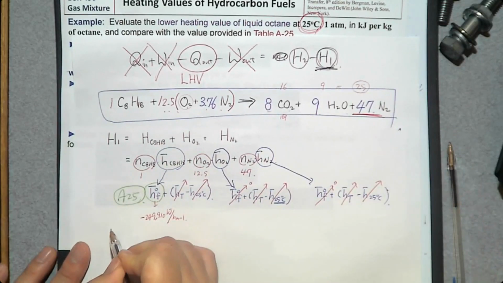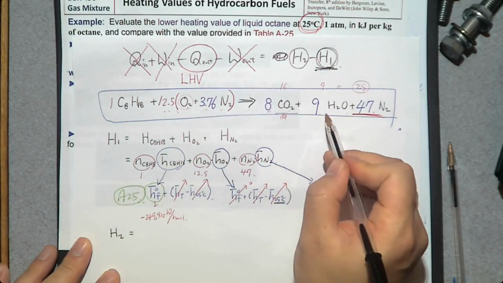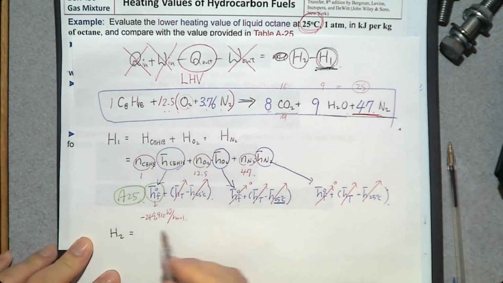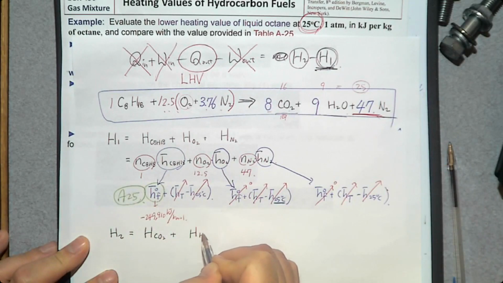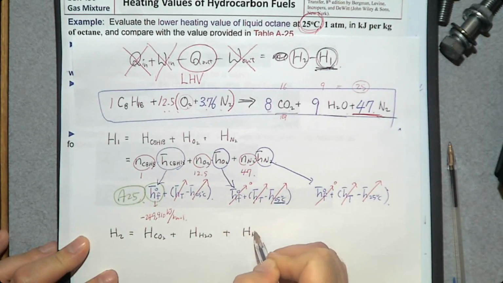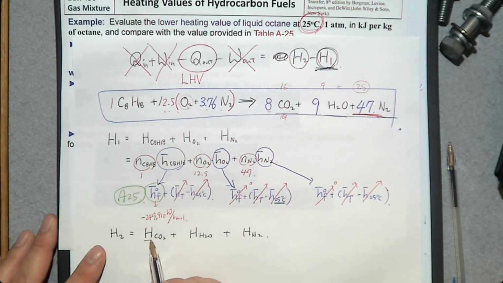What about H2? This time we have carbon dioxide, water, and nitrogen. H of carbon dioxide plus H of water plus H of nitrogen. Then how can we determine this H?